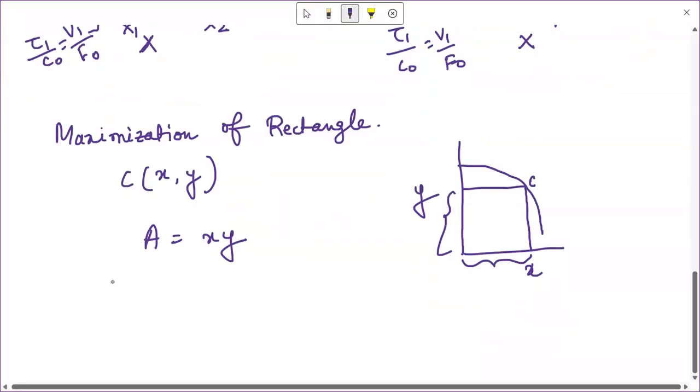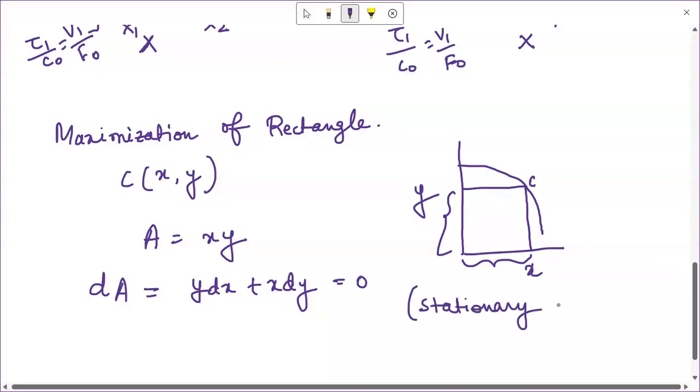Now you take the differential, so you can write it as dA equals y dx plus x dy, and the area becomes maximum when dA equals 0. That is the basic concept of maxima and minima for finding the stationary point, right? So this should be equivalent to 0. We are essentially finding the stationary point.